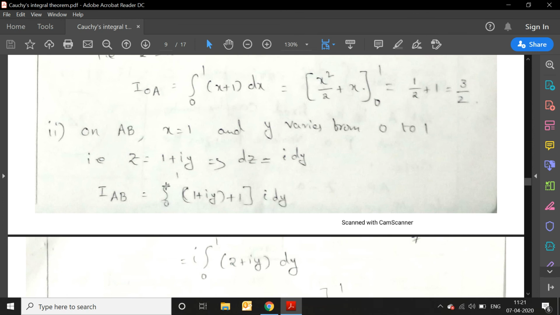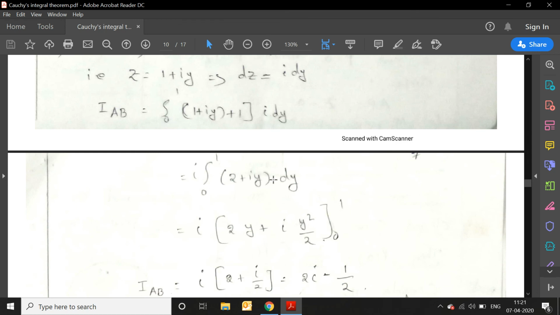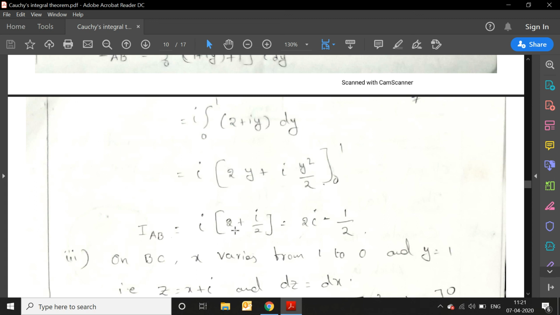Then 1 plus 1 is 2 and iy, and the i is constant, so that comes outside. The integral from 0 to 1 of (2 + iy) dy. So integration with respect to y gives 2y plus i into y square by 2, with limits 0 to 1. Substituting the limits, we get i into (2 + i by 2). Multiplying with i, we get 2i minus i into i square by 2, and i square value is minus 1, so the result is 2i minus 1 by 2.